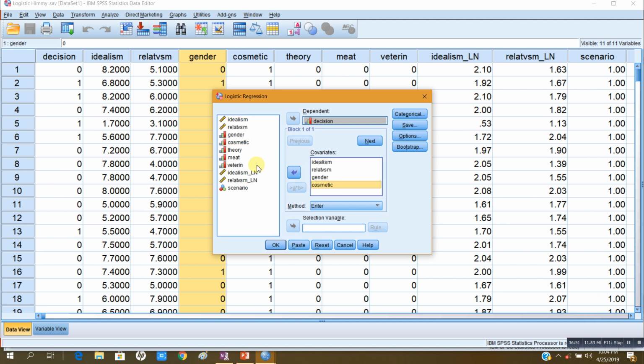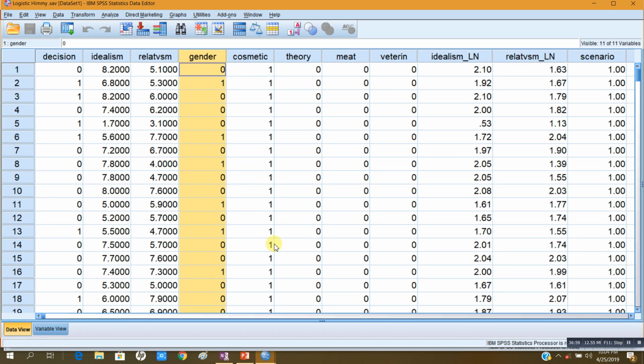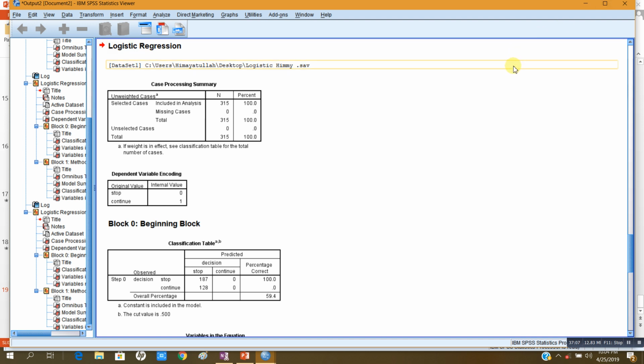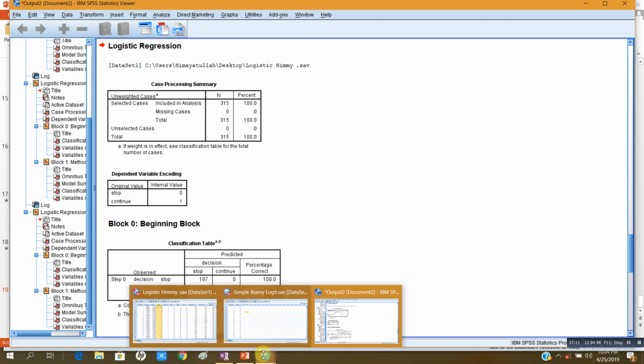Where is my output? Sorry, let me check it again. Let me go to Analyze, and here is Regression. This is binary logistic regression. Okay.